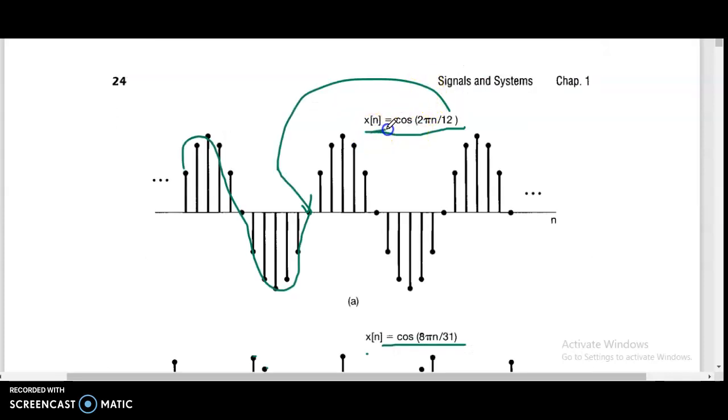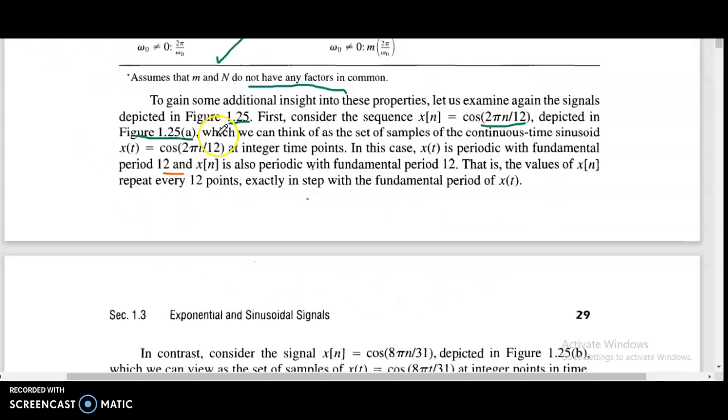We can think of this as the set of samples of the continuous time sinusoid x of t equals cos of 2 pi t divided by 12 at integer time points.